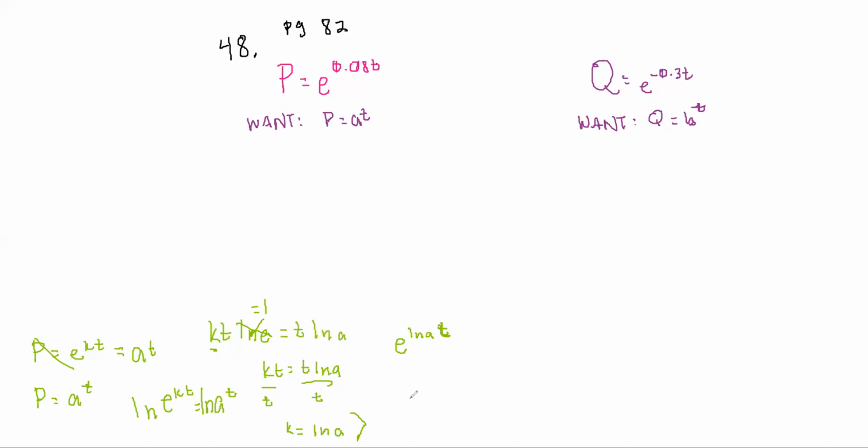And so we know how to find k, which may not be very useful in this instance because we already have k. And we can also say that if e to the kt is equal to a to the t, then e to the k is equal to a. So these 2 things are what we're going to be focusing on.